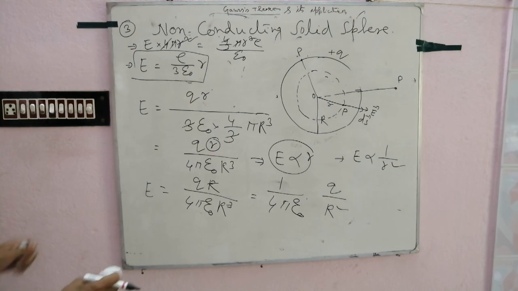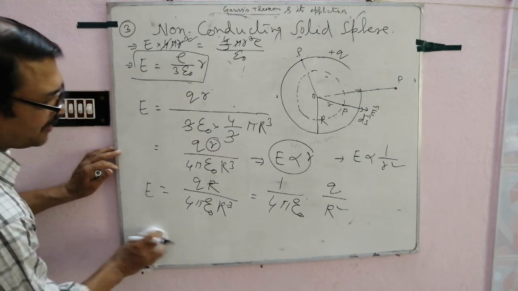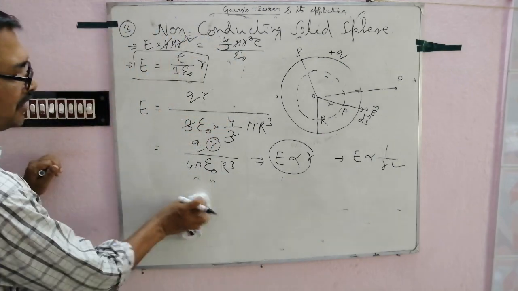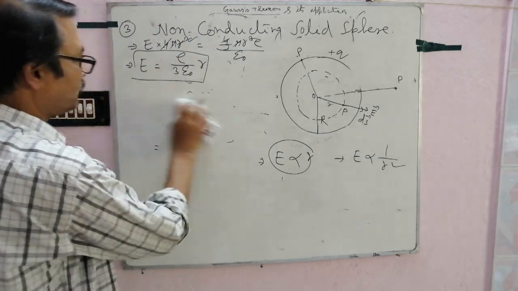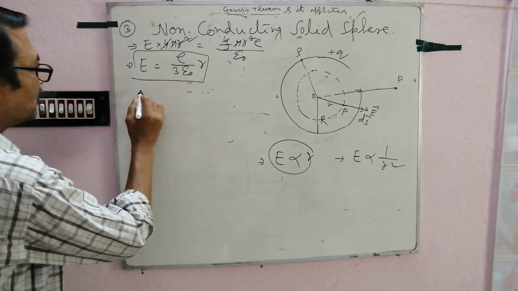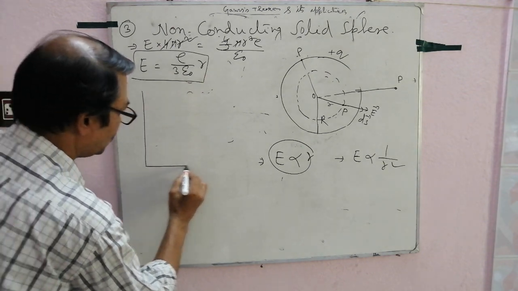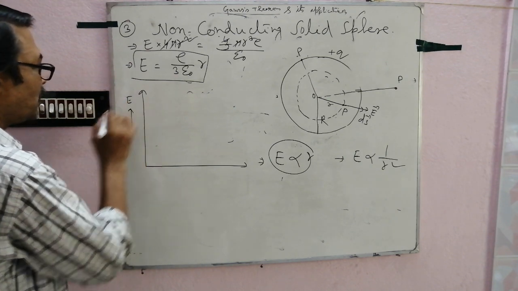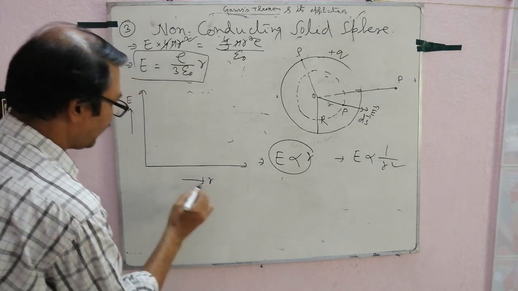So the graphical representation of the electric field for this case: E versus r.